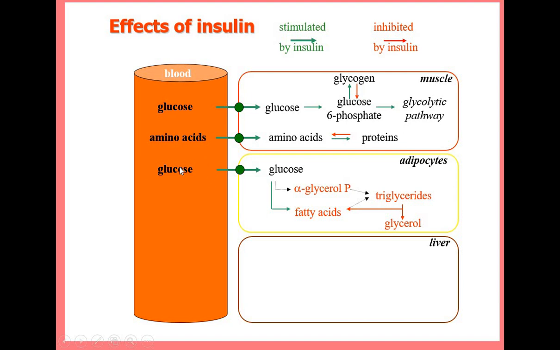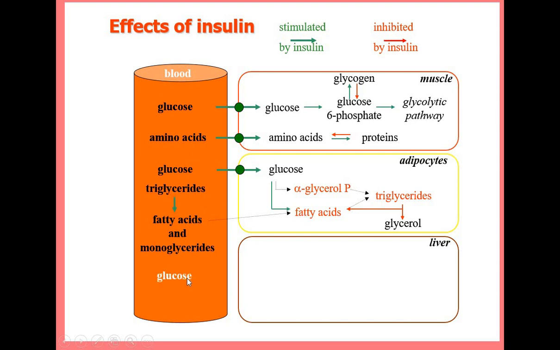So the overall effect of insulin on glucose in the adipocyte is a lipogenic effect. It will stimulate the conversion of glucose into fatty acids, right? Also it will allow the triglycerides to be taken up. Fatty acids and monoglycerides are taken up and converted to larger fatty acids. So you can just consider anabolism of lipids for insulin.